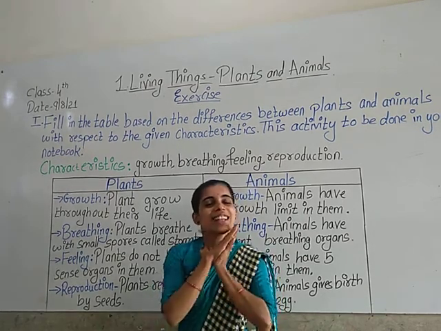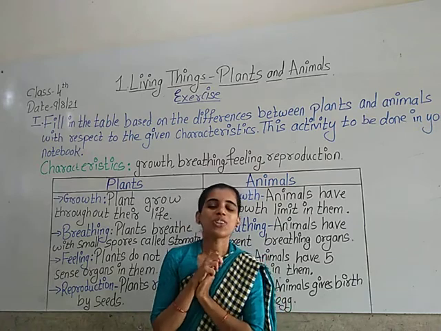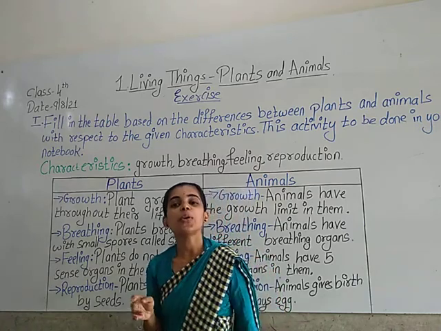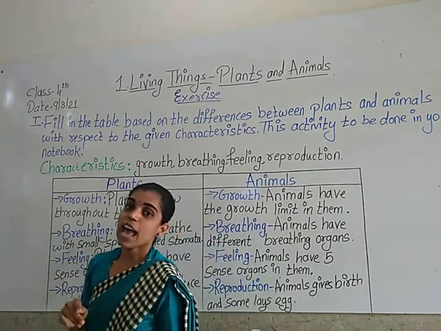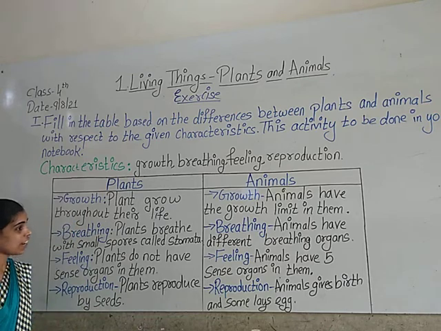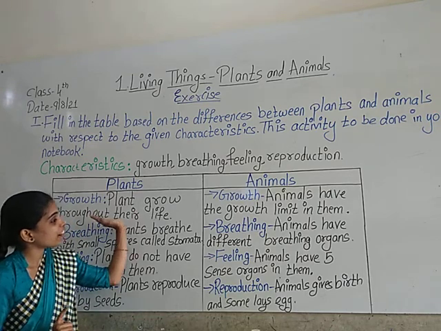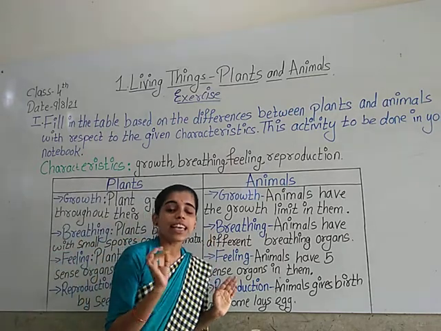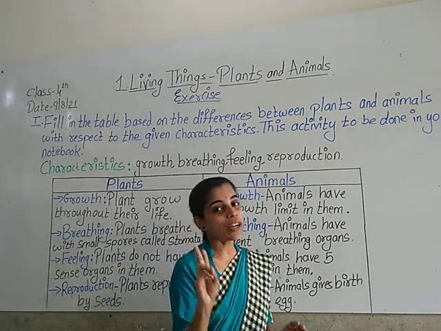So children, this is all about today's online session. Now it's time to move towards today's homework part. Today's work is you have to read and write the difference between plants and animals in your EVS notebook 2 times.